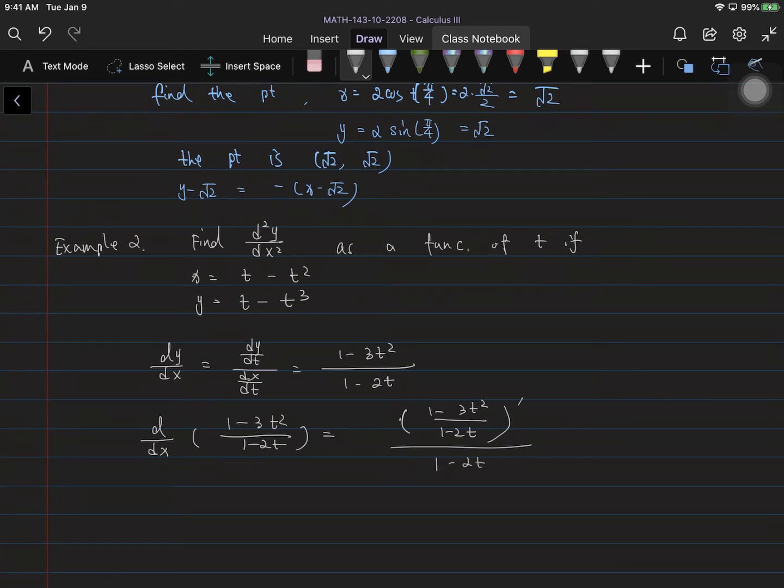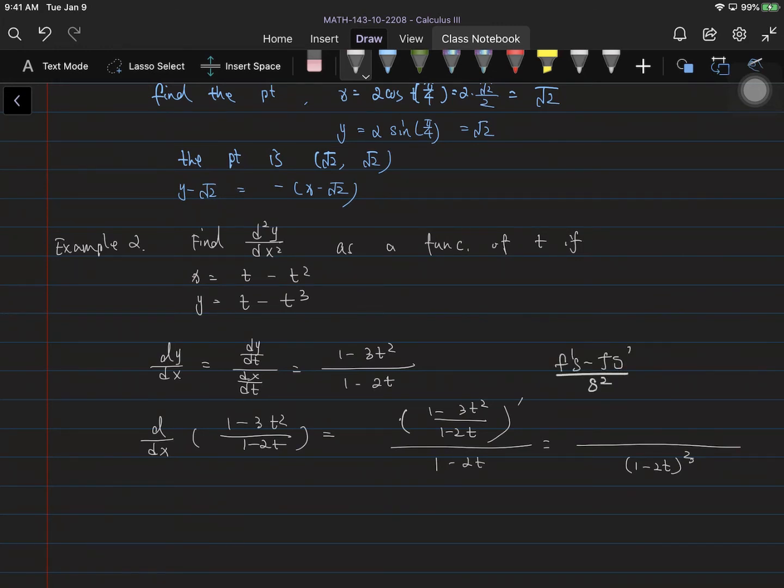1 minus 2t. So the final answer for this one, we can use the quotient rule for the numerator. It's going to be 1 minus 2t squared in the denominator, but combined with another 1 minus 2t, so going to be 1 minus 2t cubed. And the numerator is going to be f prime g minus fg prime, quotient rule, right?